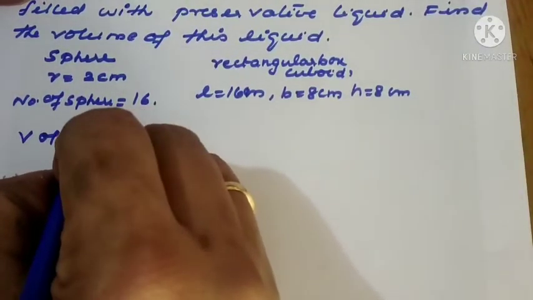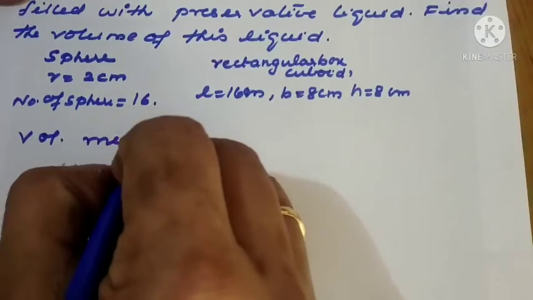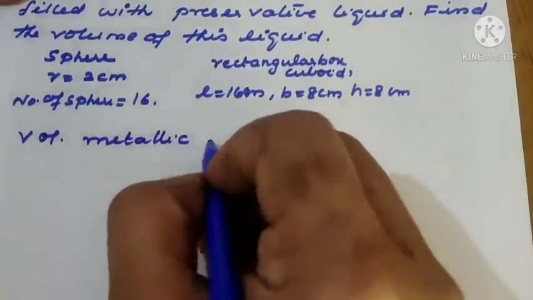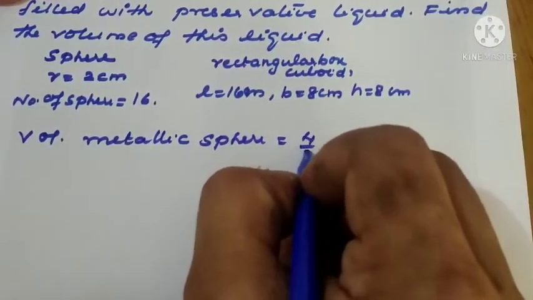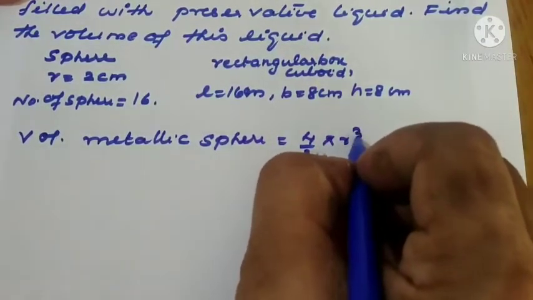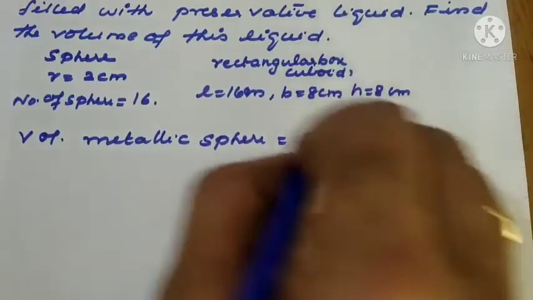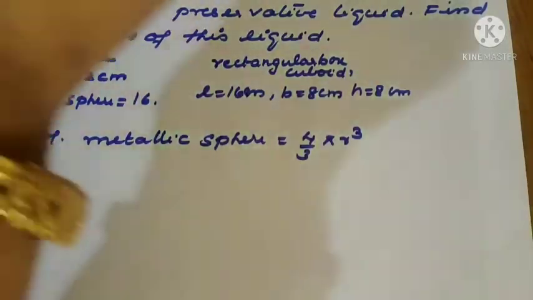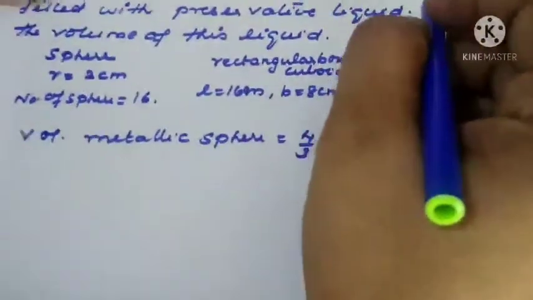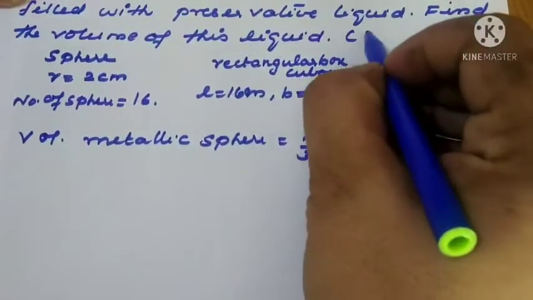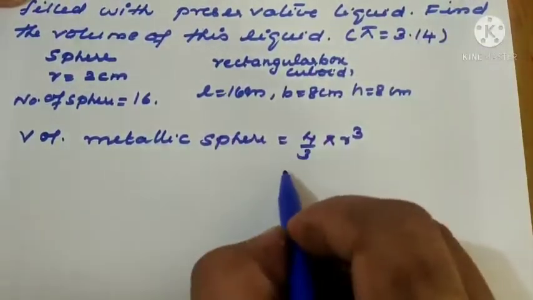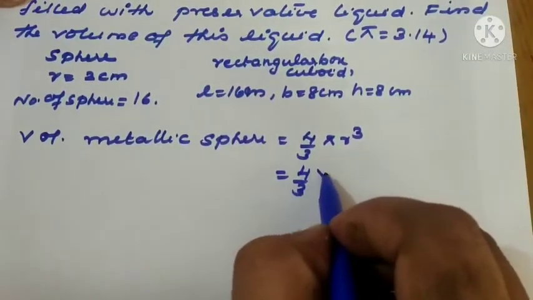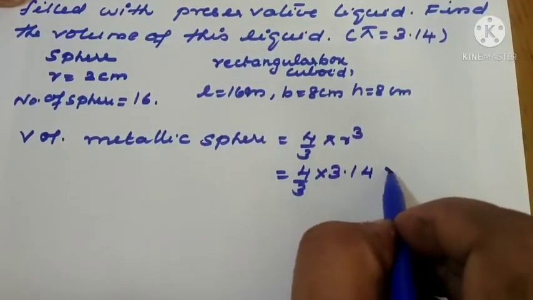Volume of the metallic sphere equals 4 by 3 pi r cube. In this question, I forgot to mention pi should be taken as 3.14 only. So 4 by 3 into 3.14 into 2 cube.